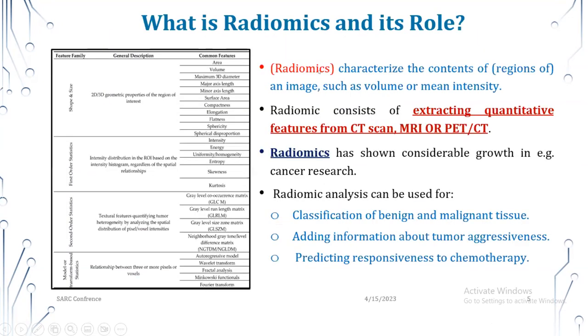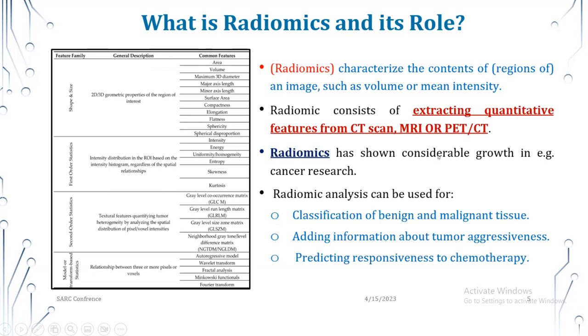So what is radiomics? It means characterization of the content of the region of interest, which is, for example, cancer in the image. It can extract features such as the area, the shape or the volume of the cancer, and other features that can be extracted using mathematical equations.